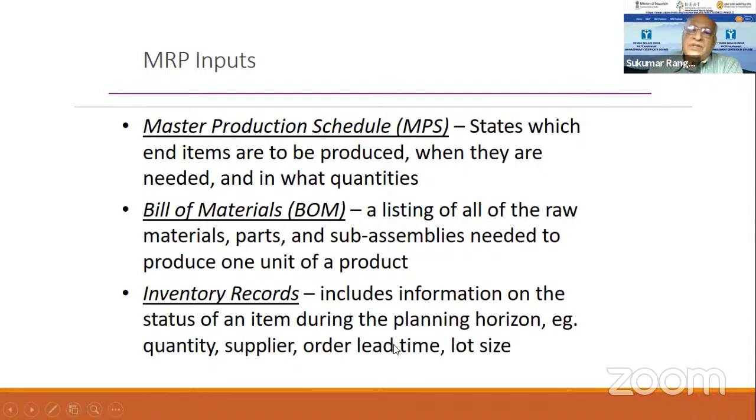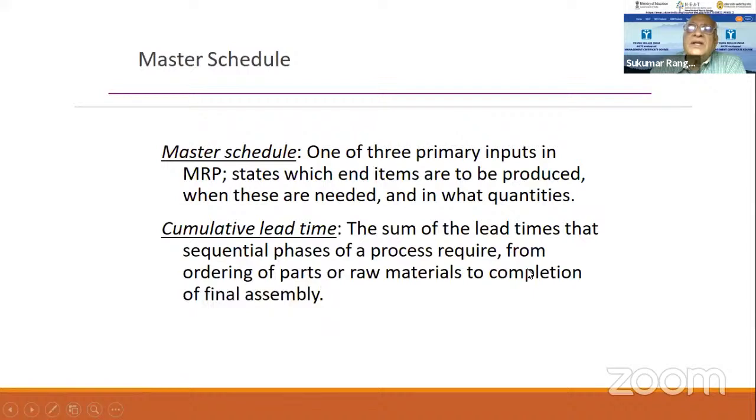Inventory records include information on the status of the item during the planning horizon, which is the quantity, supplier, order lead time, lot sizes. The master schedule, which is one of the three primary inputs in the MRP, states which end items are to be produced, when they are needed, and in what quantities.